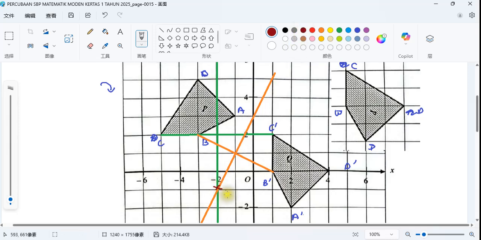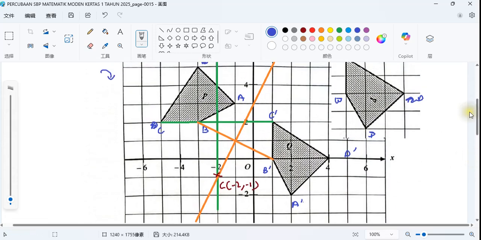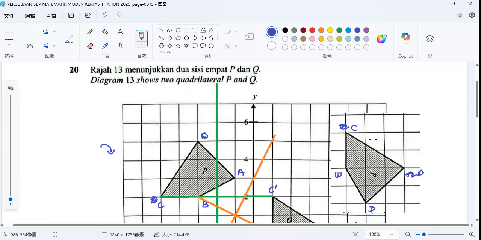So the center will be -2, -1. So B to the center we have 1, 3, then 3, 1. Horizontal becomes vertical, vertical becomes horizontal. So 4, 1, 1, 4. Yes, correct. Okay, so the answer is C. So this one is from Form 2 chapter 11, transformation, rotation.